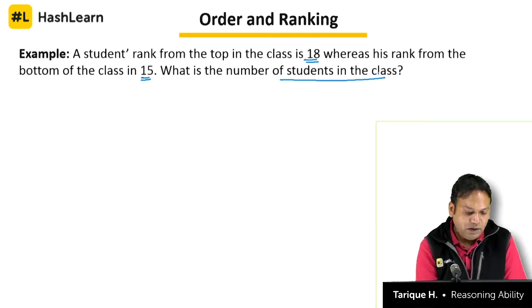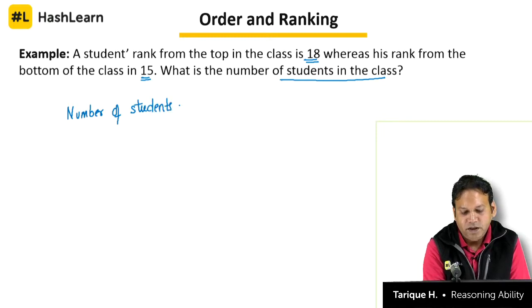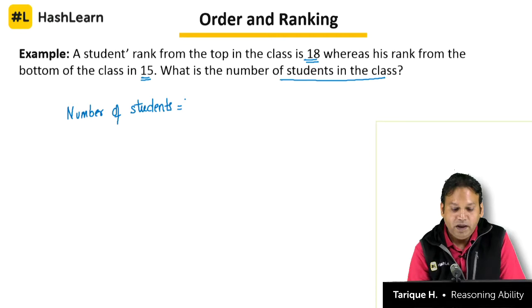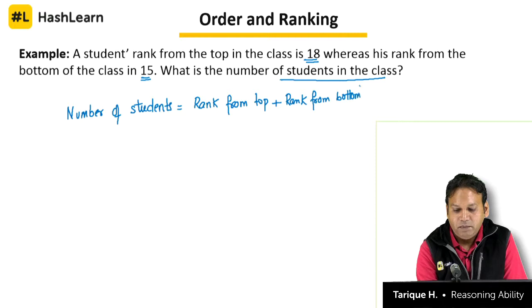Okay, so the number of students in the class is equal to rank from top plus rank from bottom minus 1.